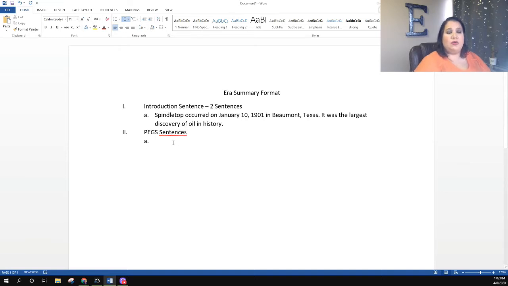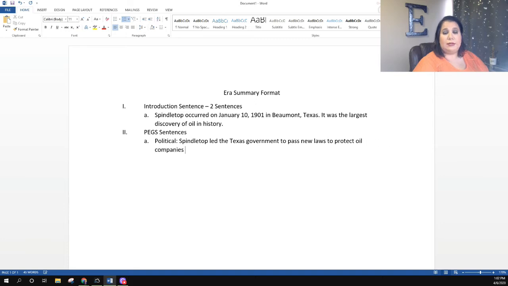Okay, so we're going to start with political. Alright, so the political impact. Spindletop led the Texas government to pass new laws to protect oil companies from large monopolies like Standard Oil, ran by John D. Rockefeller.